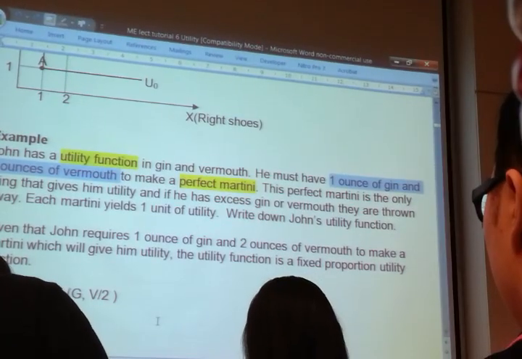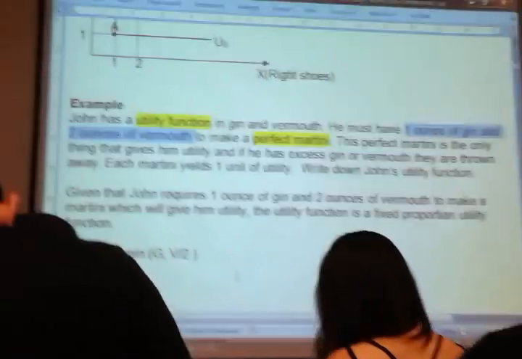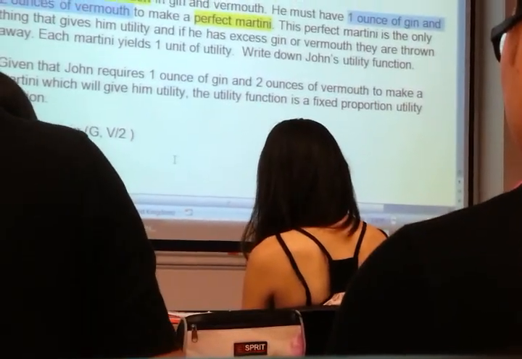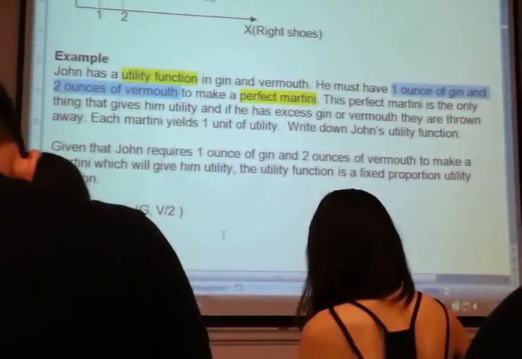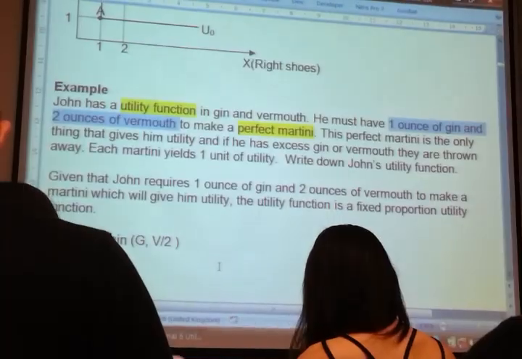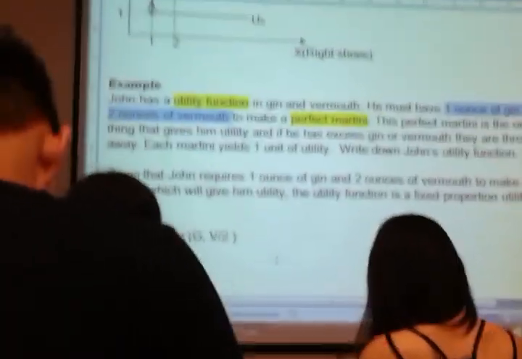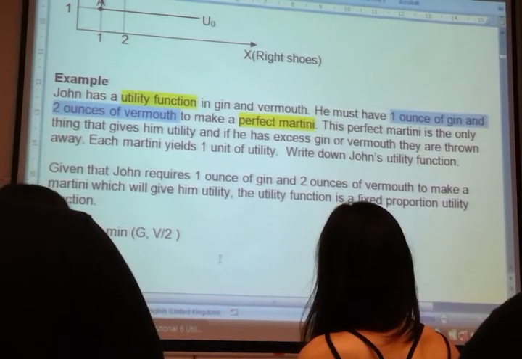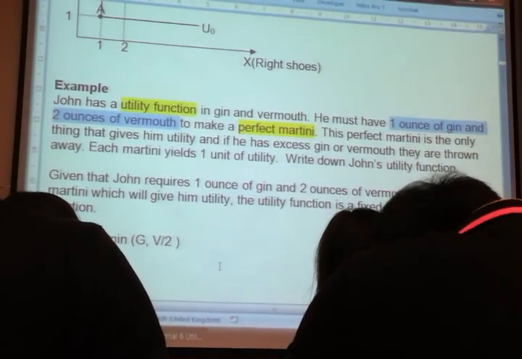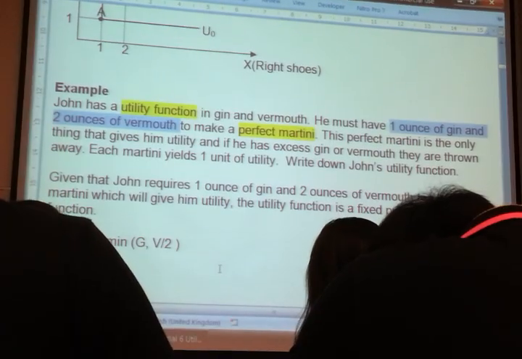Now we are given that G equals 1 G, and V equals 2 of Vermouth. These 2 are required to make 1 Martini.